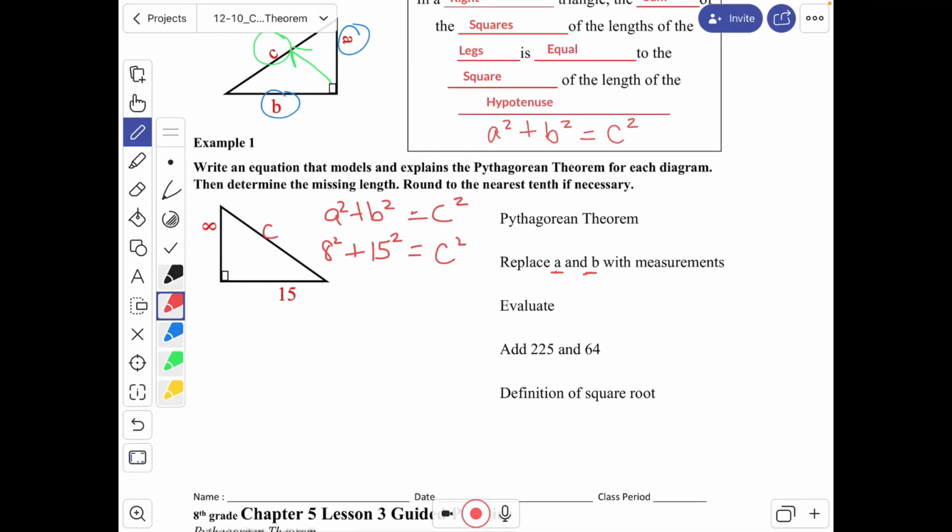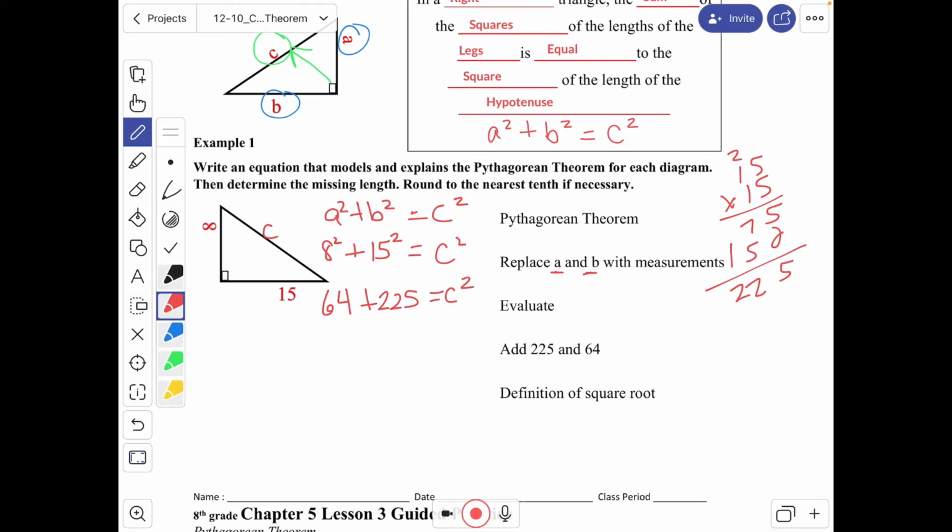Then we're going to evaluate, which means we're going to kind of solve part of it. Like 8 squared is 8 times 8, which is 64, plus 15 squared, which is 15 times 15, which is 225, are both equal to c squared.